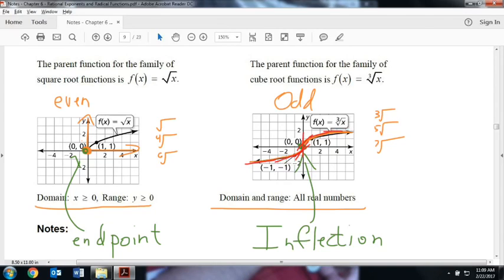The reason it's called, let me erase all those, the reason it's called an inflection point is because my tangent line is up and down. It's that perfect up and down line right there. Thicken it out a little bit. And inflection points and endpoints, as well as vertices, you know, when a graph goes like this, that vertex, that tangent line is right like that.